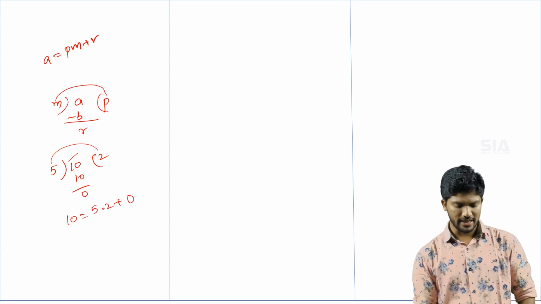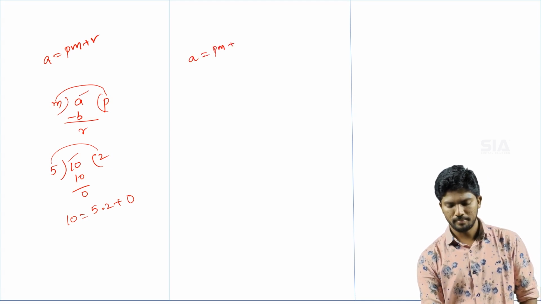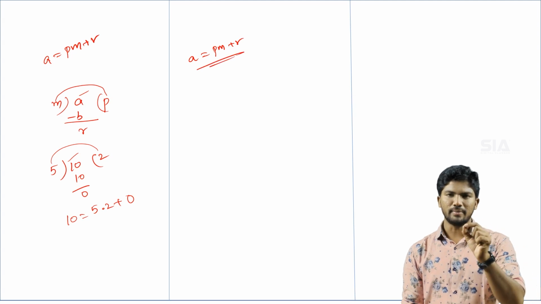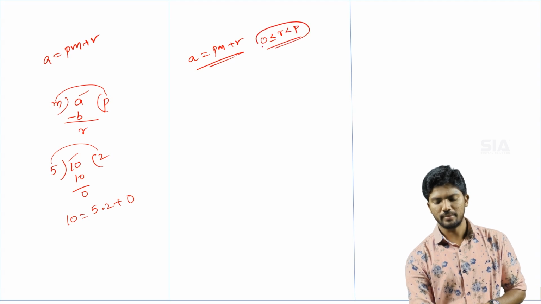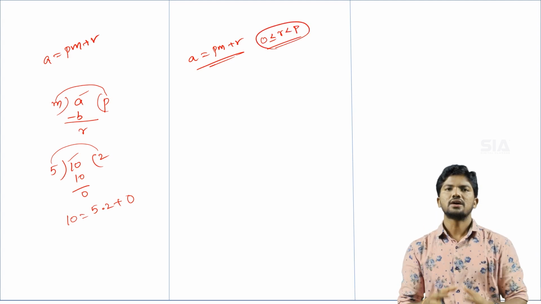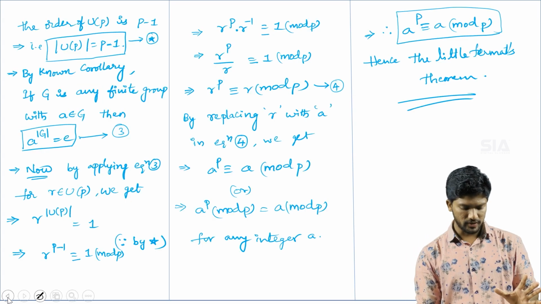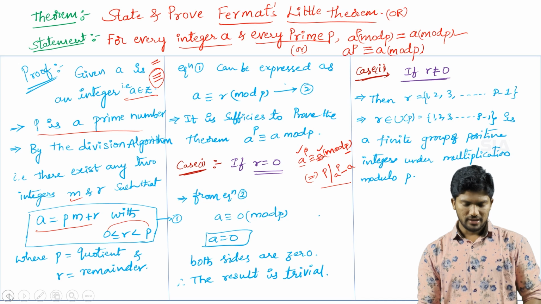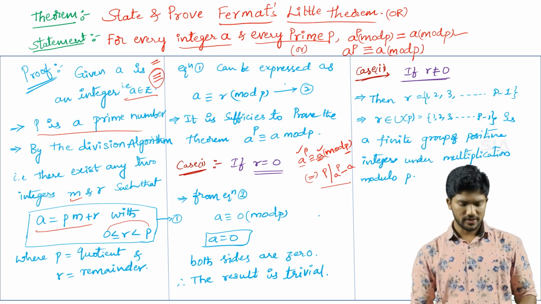In the same manner, I am writing the dividend a as p into m plus r, where the remainder starts from 0, with 0 less than or equal to r less than p. The remainder value always lies between 0 and the divisor value p. So from the division algorithm we can write that value, which is taken as equation number 1, where m is the quotient and r is the remainder.